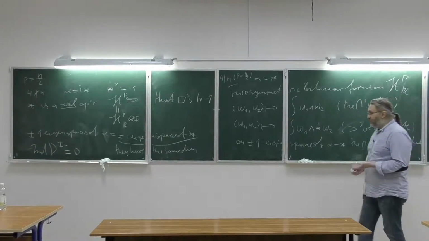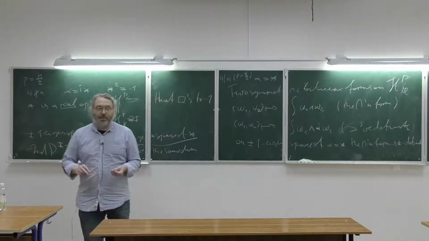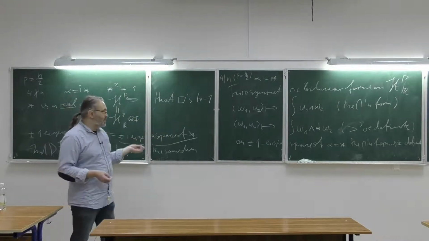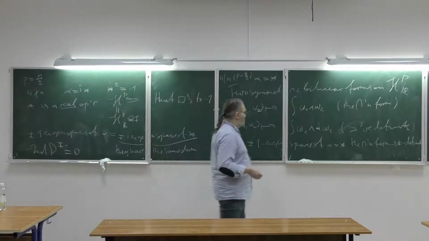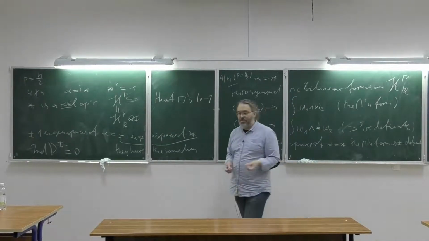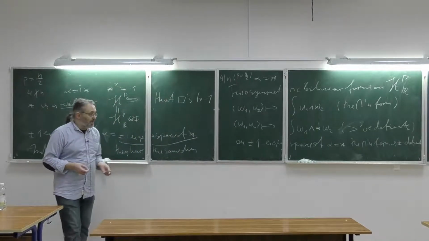And again, a basic linear algebra shows that on the plus, respectively -1 eigenspace of star, the intersection form, which is given by this formula, is positive definite, respectively negative definite.